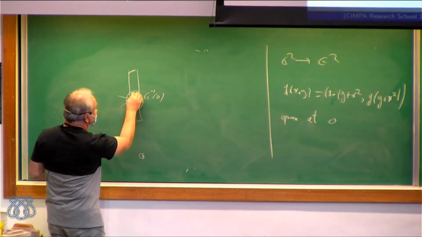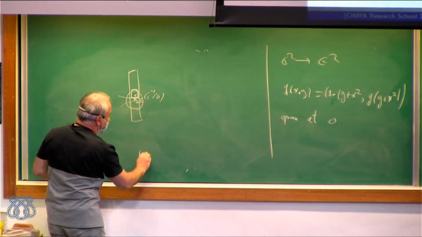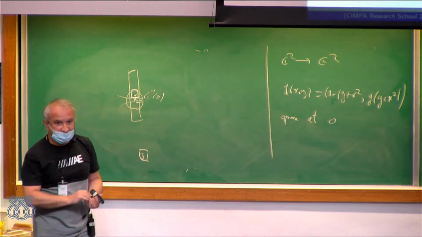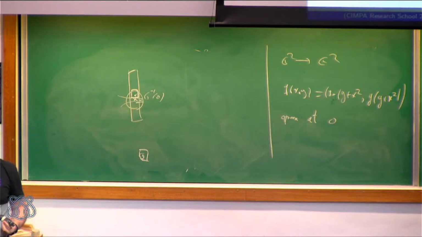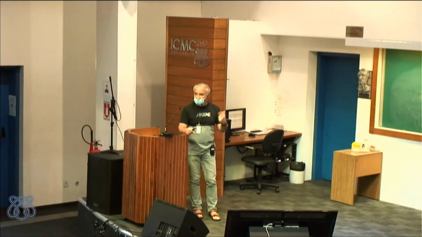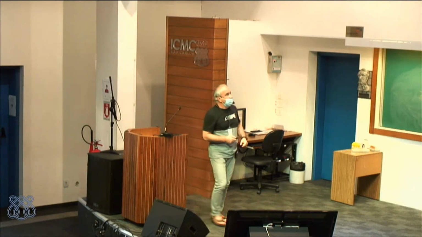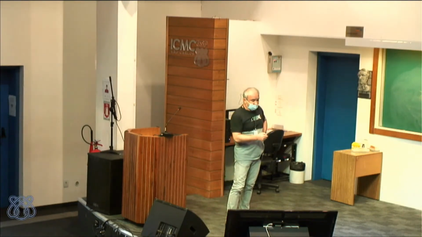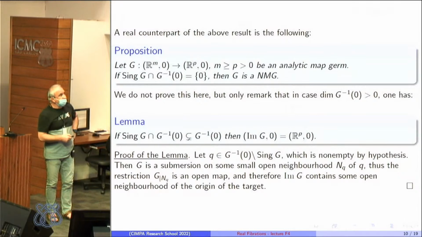So you can always find something here which is open and is mapped into something open downstairs. And this shows that the germ of the image of the map G is actually the entire Rp. This is a very simple lemma just for you to see something. But anyhow, you have the proposition over there. So you know that in this case, indeed, G is a nice mapping germ.